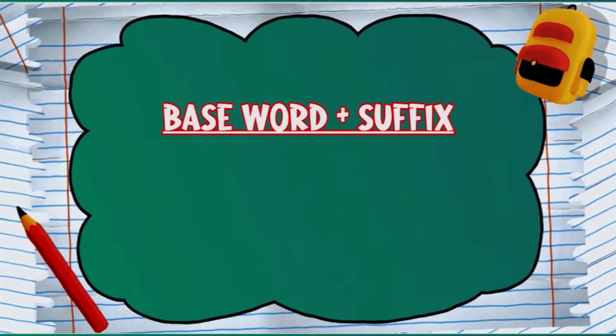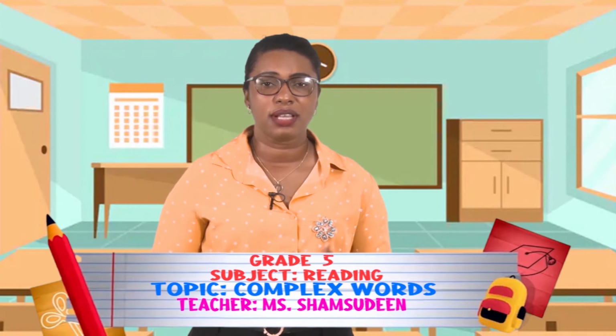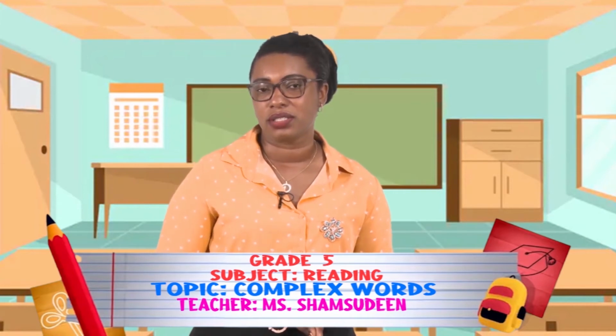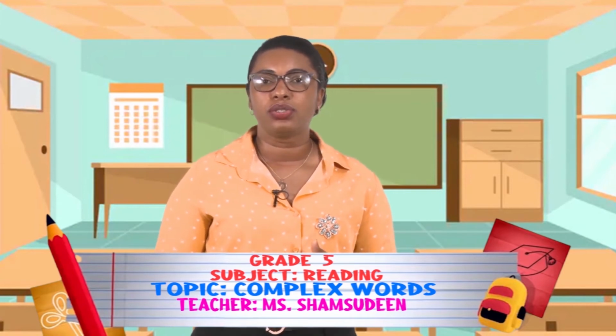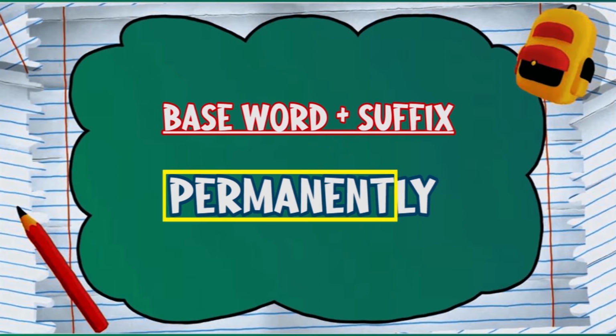For those that were formed with the base word and the suffix, we have the word permanently. Now remember, even though inflectional endings are also considered to be suffixes, we will look more at those where the part of speech was changed, or we could say the word function. So we have the word permanently, the base word being permanent and ly being the suffix.